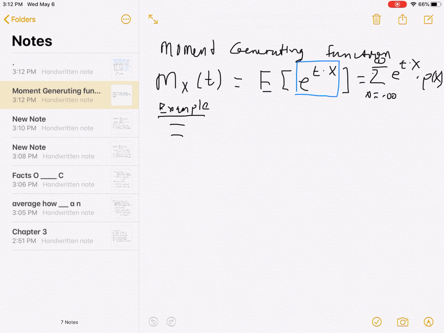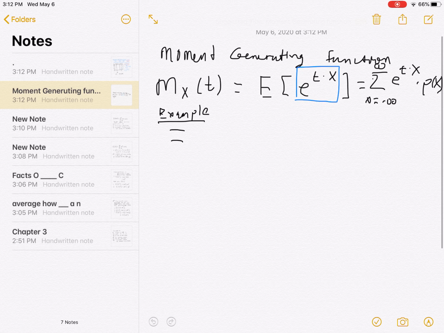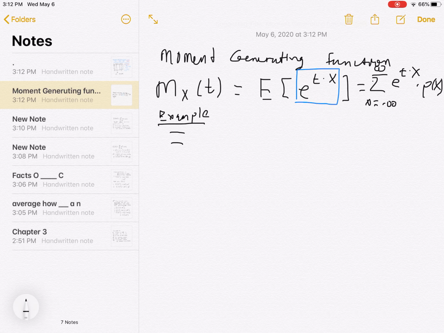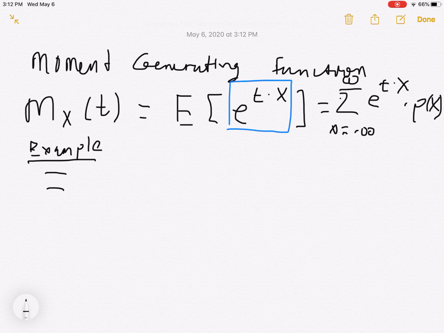So when x is 0, I'm going to get this expected value. X is going to be 0, so that's e to the 0 times 0.1, plus e to the tx, but x is 1, so that'll be e to the t times 0.4.